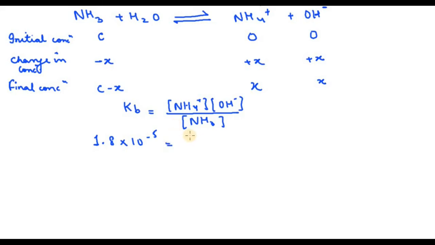So let's write the concentration of ammonium plus as x, OH minus as x, and the concentration of NH3 is C minus x.